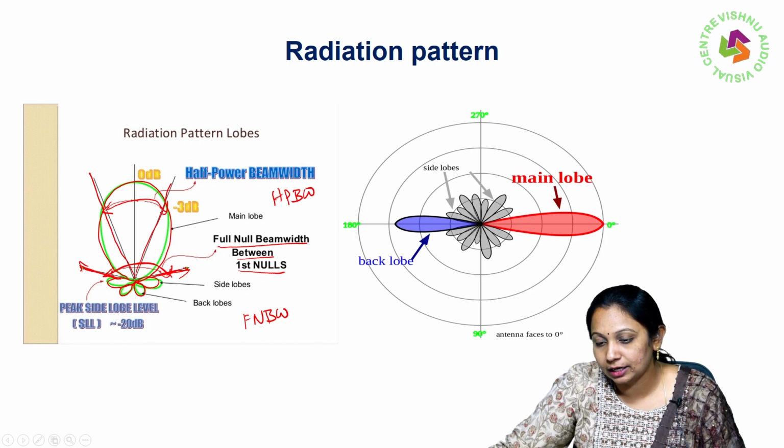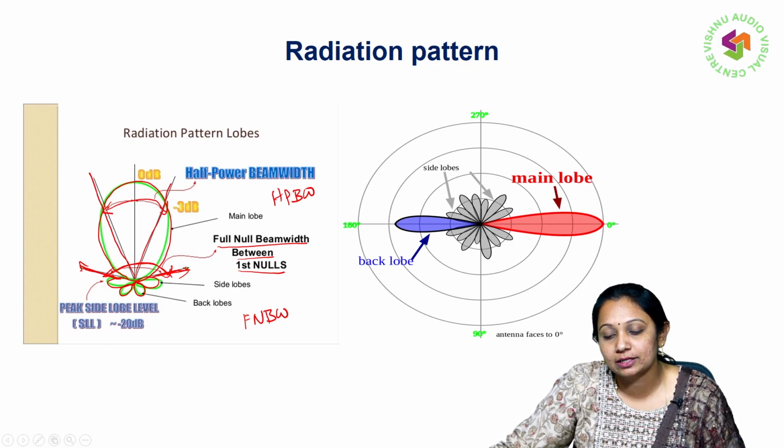If you observe this figure, the red color represents the major lobe direction, and exactly opposite to the major lobe direction, the blue color represents the back lobe. Other than these two lobes, all can be called minor lobes or side lobes.